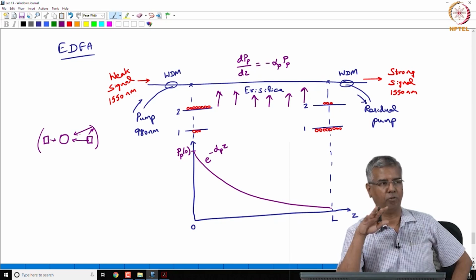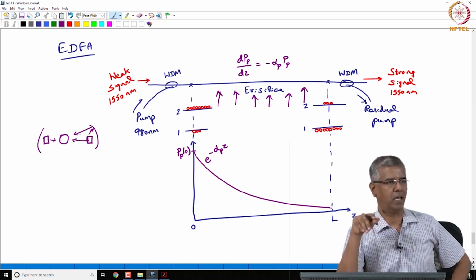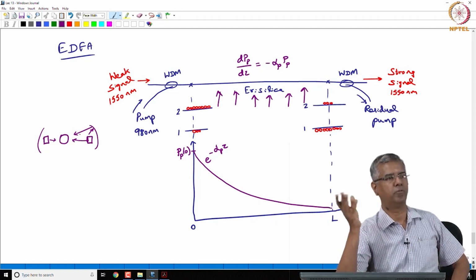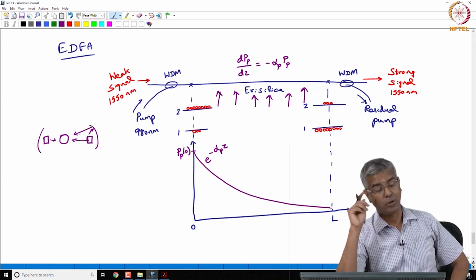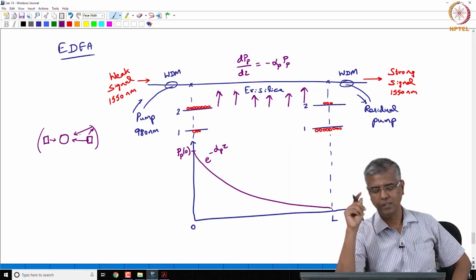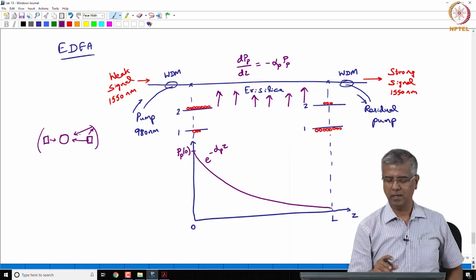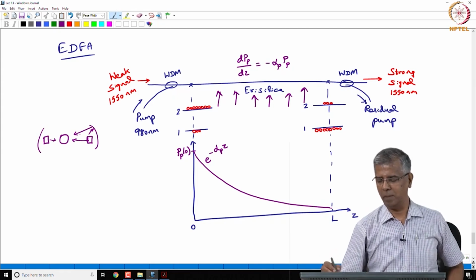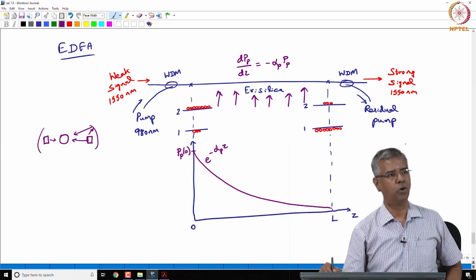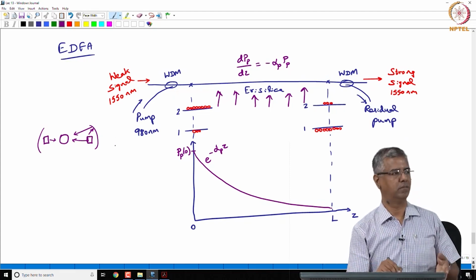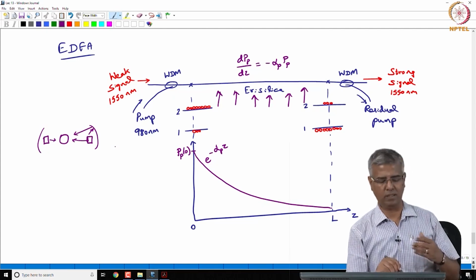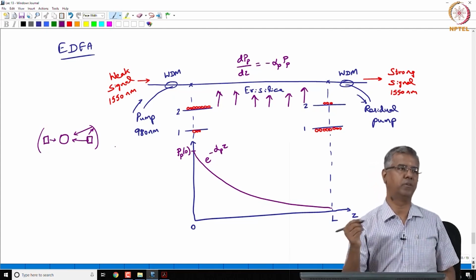If you are doing fiber based amplifiers, you invariably have to pump it from one of the ends of the fiber. I said one of the ends of the fiber. So, you could possibly launch the pump from the output side, and take out the residual pump from the side where you are launching the 1550.